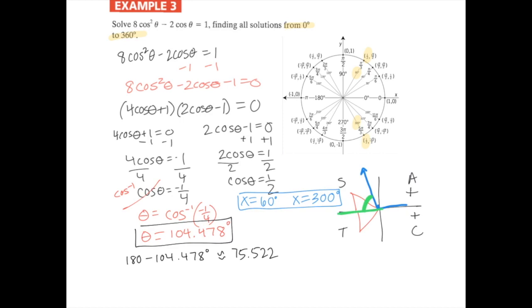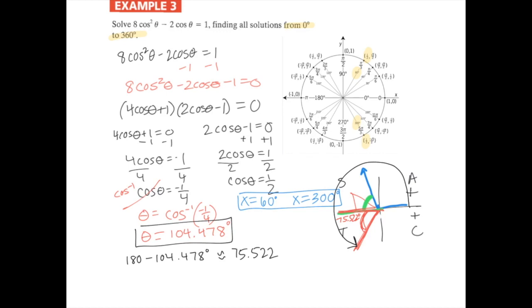So what that means is that I'm taking this 75.522 degrees and extending that far past my x-axis, which means that my angle would now be down here in the third quadrant. And if this is a 75.522 degree reference angle, what I then need to figure out is what is the size of this entire angle from the positive x-axis all the way down to the terminal side of this reference angle.